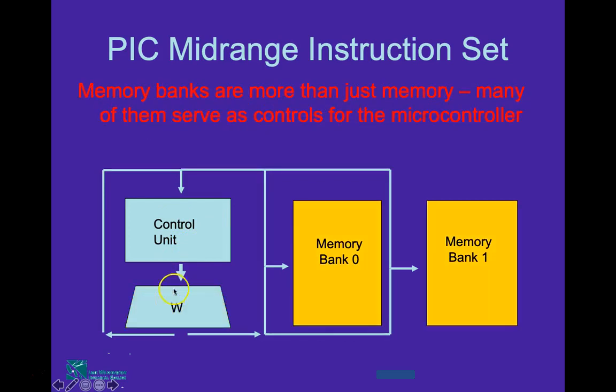And then memory banks are used. They are more than just a memory, and many of them serve as controls for the microcontroller. So you will be using 2 memory banks. Some of the microprocessors have more than 2 memory banks.